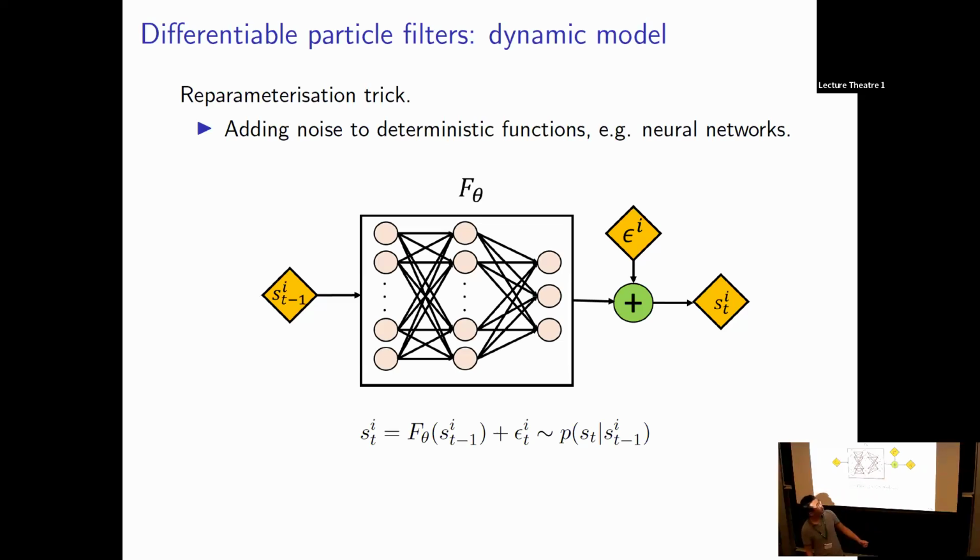And the reason to do this is that if you have an additive Gaussian random variable there, then you can use something called the reparameterization trick to make the whole process differentiable. Because the sampling process alone, if you want to sample from a Gaussian distribution, is by itself not differentiable. It's sampling, so there's some randomness in your output, and you cannot really compute the gradient.